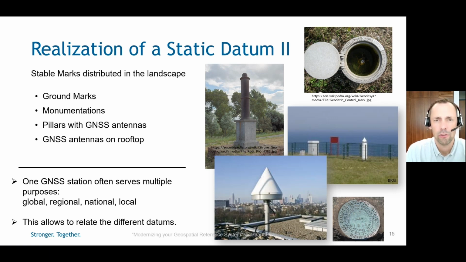As one GNSS station often serves multiple purposes, global, regional, or national, such a marker can have different coordinates in dependency on the datum. This allows us to relate the different datums to each other.